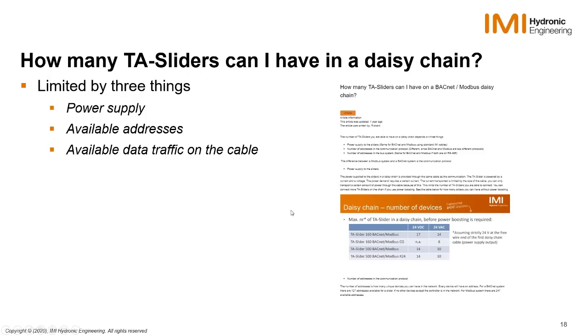But what it's limited by is the power supply. So how many sliders you can have before you need to boost your power. The available addresses, so these unique names that you need to have on each slider in this network, is limiting this. We had 1 to 247. And then it's also depending on the available data traffic on the cable.